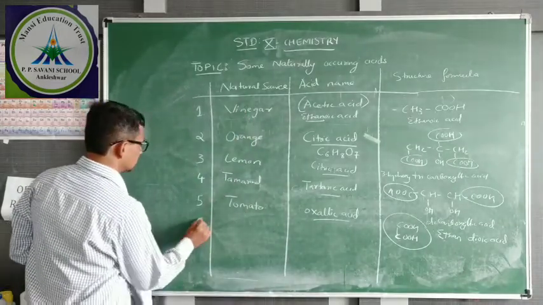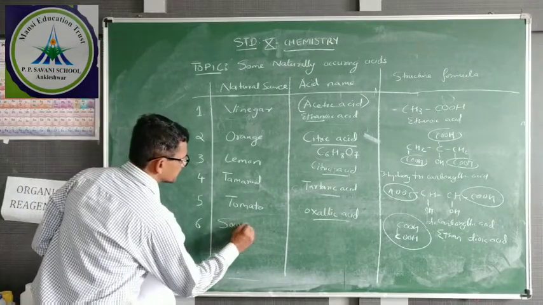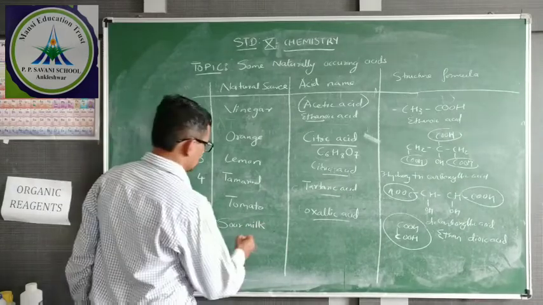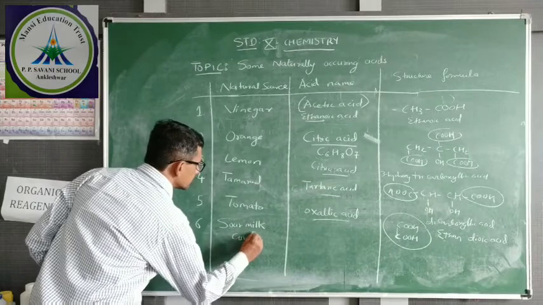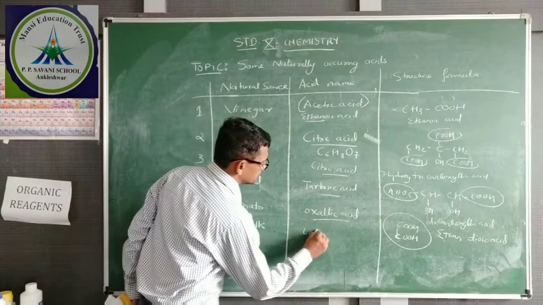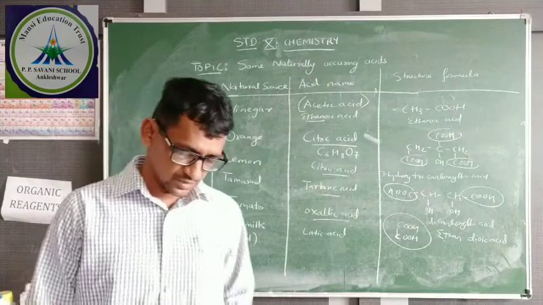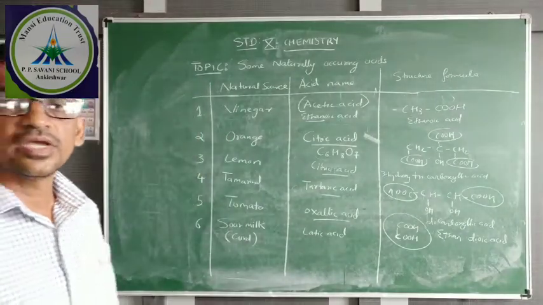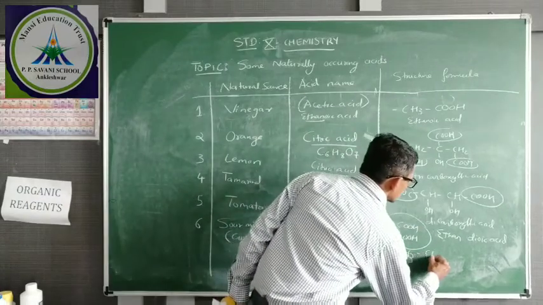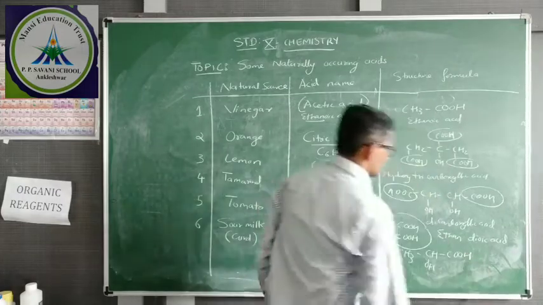Next is number 6, sour milk or curd. In that curd we have lactic acid. Lactic acid is a 3 carbon acid. So this structure is CH3, CHOH and COOH.